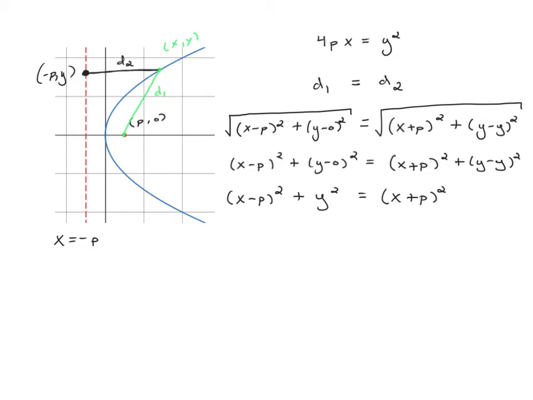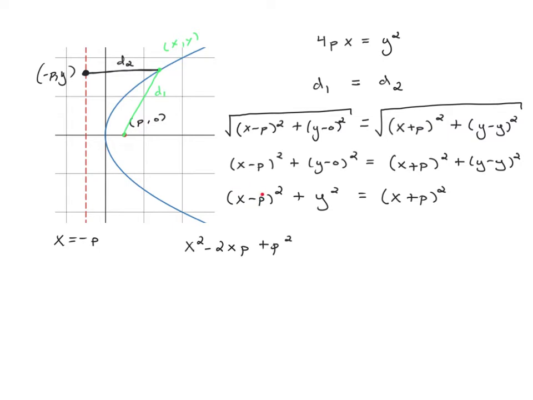I think what I'll do next is square this out and square this out. If you square x minus p, you get x squared. Negative p squared is a positive p squared, but you get 2 middle terms. You get minus 2xp. So you have to FOIL this out.